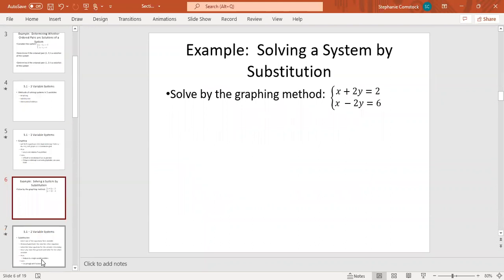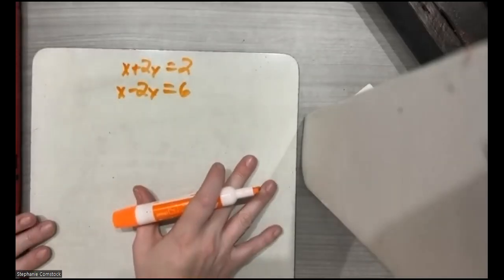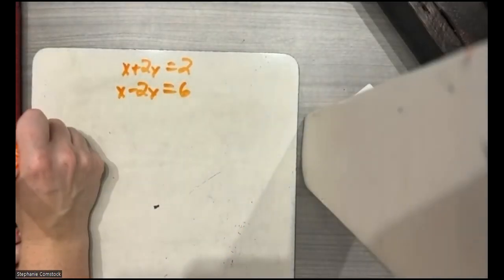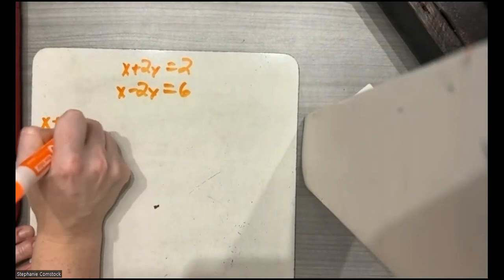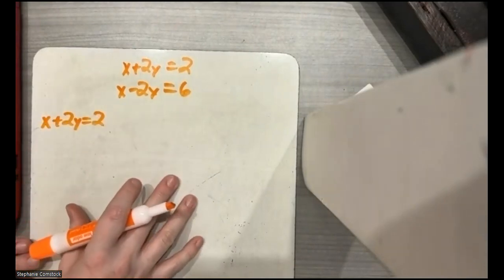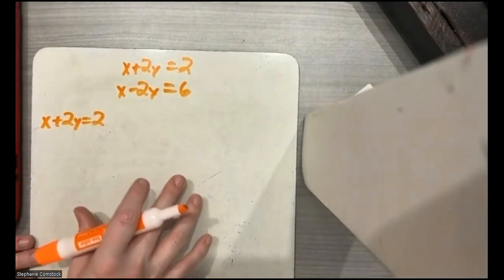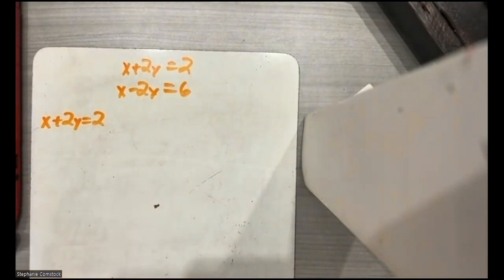So we've got x plus 2y equals 2 and x minus 2y equals 6. So this is going to be the one that we are going to look at. So I've got that over here on my grid space. I'm going to start by taking this x plus 2y equals 2, and I'm going to solve and get it into our y equals notation.